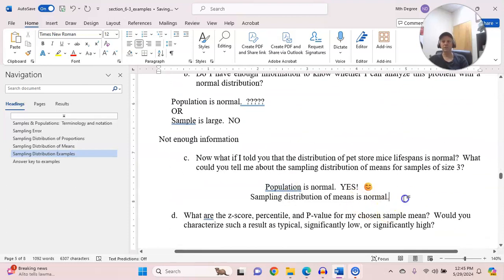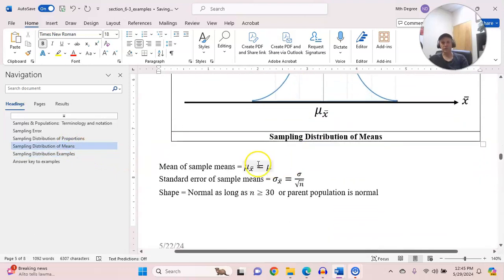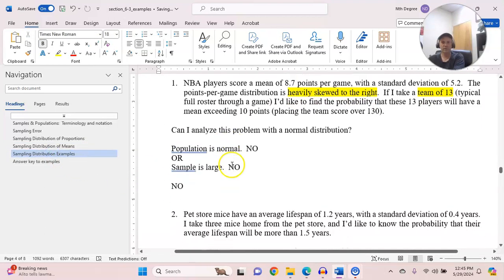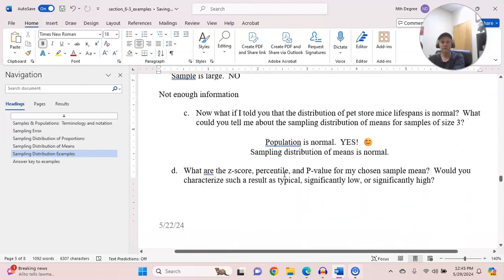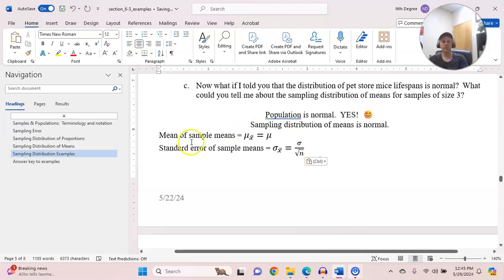Okay, so what about the center and spread? Let me jump back up here again. Oh, here they are. There are formulas for them. All right, so let me just copy these, 2C, okay. I'll paste them here.